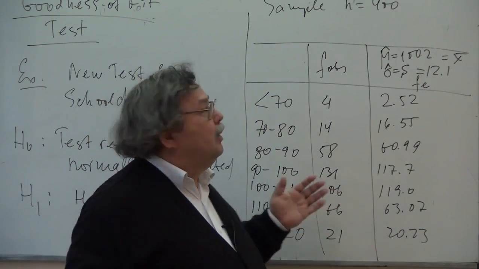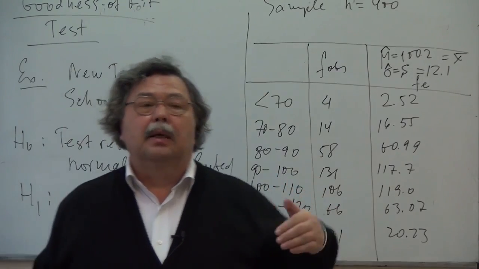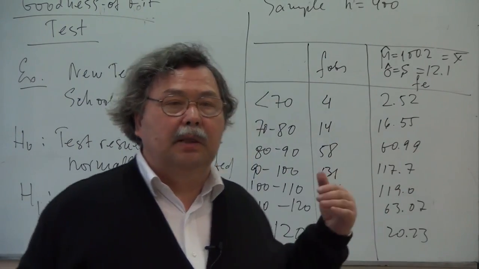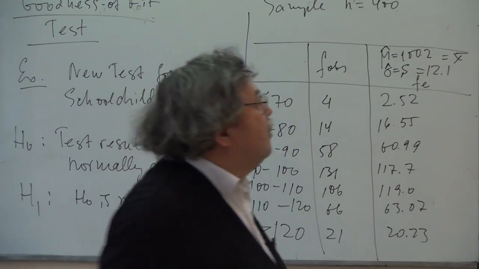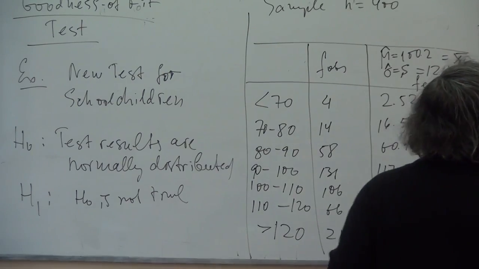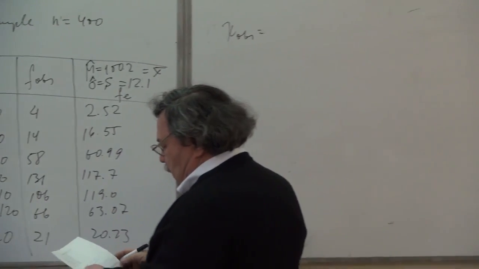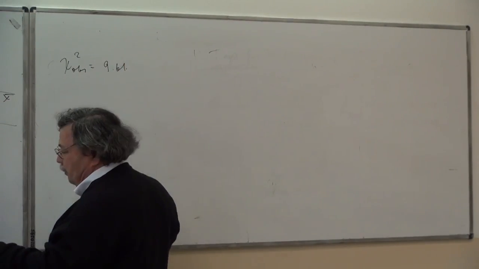All right, now we have expected frequencies, we have observed frequencies, and what follows is very similar to what we've done before. We compute an observed value of the chi-square statistic, and here it's 9.61.